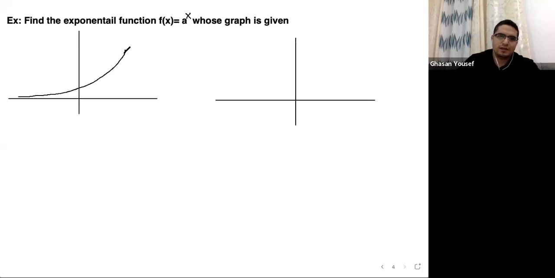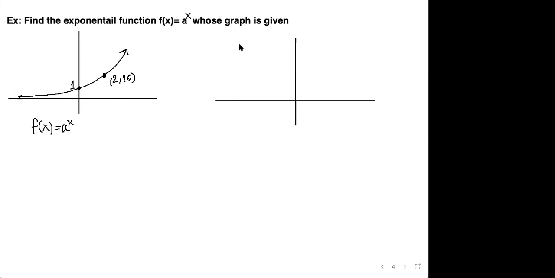This graph is the exponential function, and it passes through the point 2, 25, and the curve always passes through the point 0, 1. What is the equation? What is f of x? F of x equals a to the power x. My question is, what is the value of a? For the second curve, suppose my function looks like this.